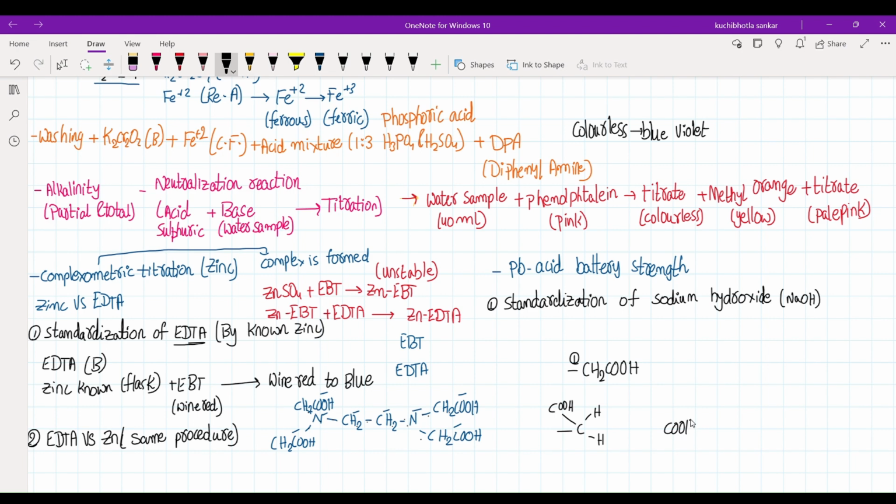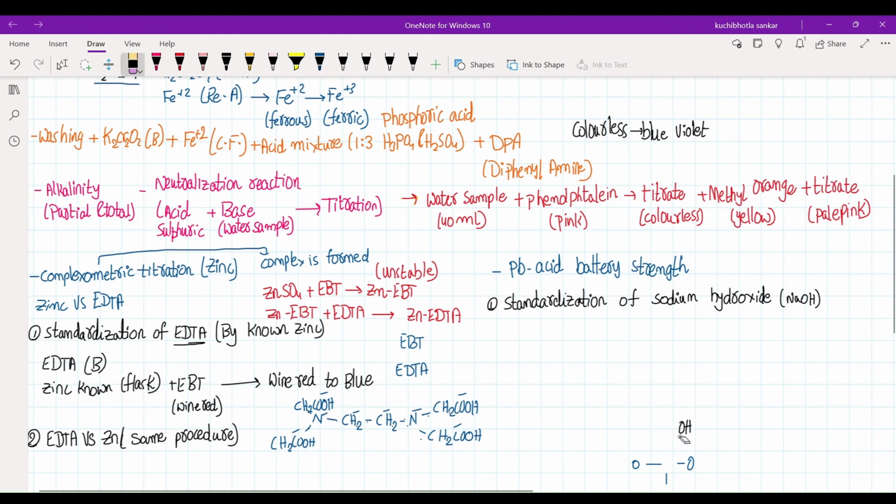And now look at COOH, C, O, O, H. There is going to be a resonance here. And one is coming out, right? We are correct. Like this, COOH and another. So it's alright for COOH as well.